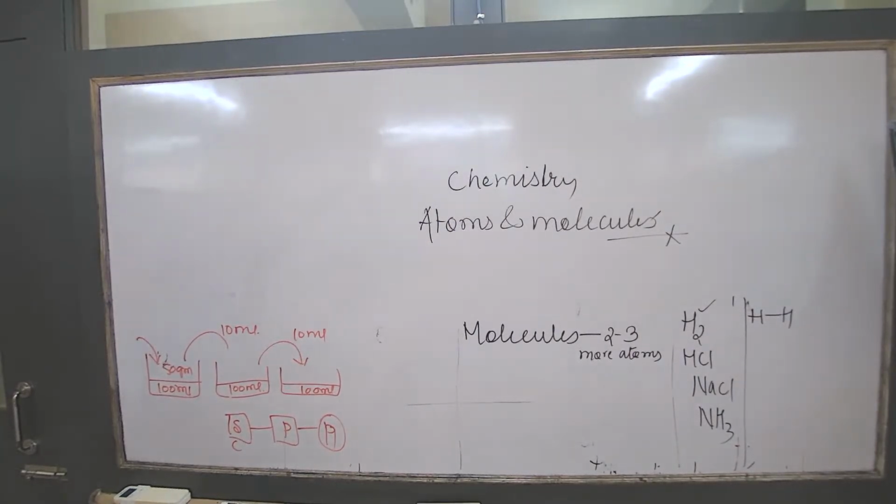Otherwise in the margin write down the meaning of chemically bonded: chemically bonded means either ionic or covalent bond. So this is one part of our molecule.